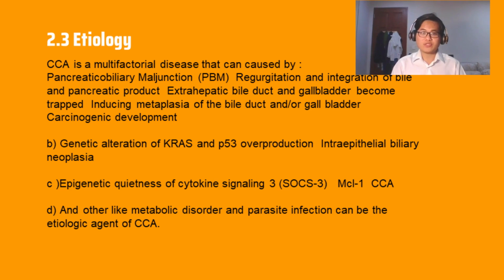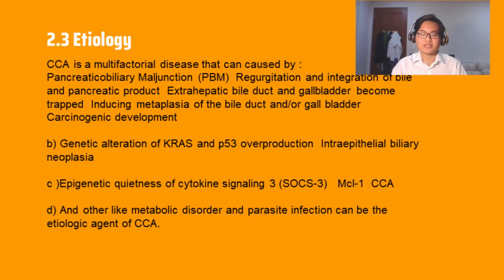CCA is a multifactorial disease that can be caused by, first, pancreaticobiliary maljunction, or PBM. This causes regurgitation and integration of bile and pancreatic products, which causes damage to the extrahepatic bile duct and gallbladder. This induces metaplasia of the bile duct and/or gallbladder, leading to carcinogenic development.